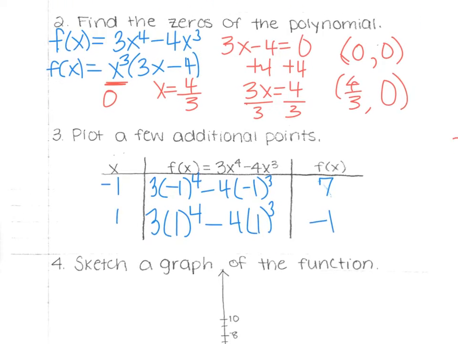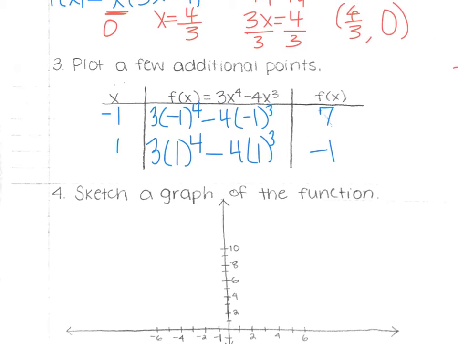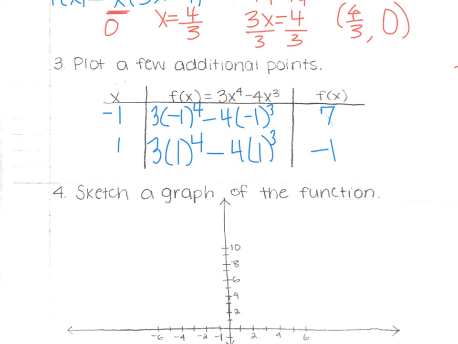So we can sketch a graph of our function. We know we have a point at 1, -1, so we'll plot that there. We also have a point at -1, 7. Remember, this is just going to be a rough sketch.